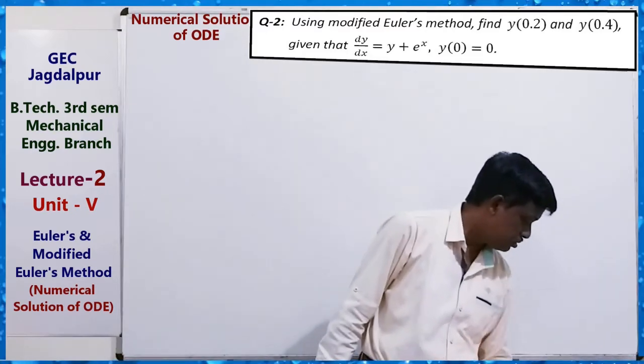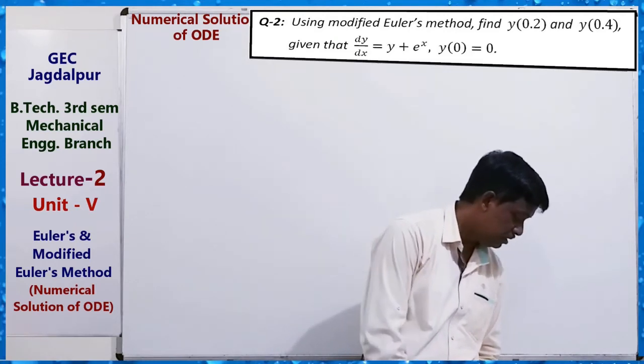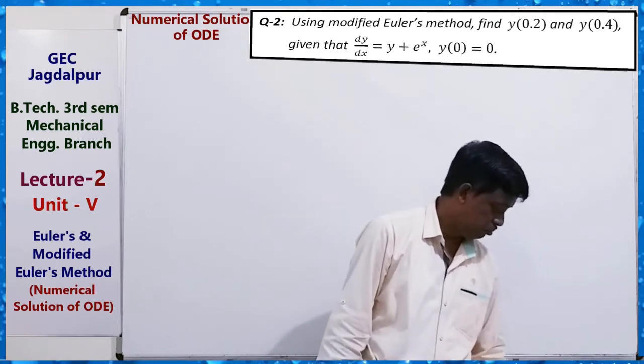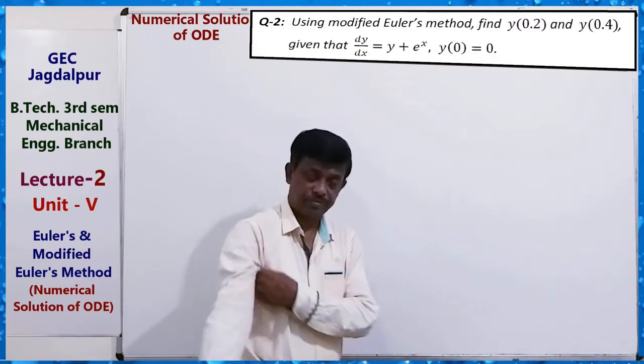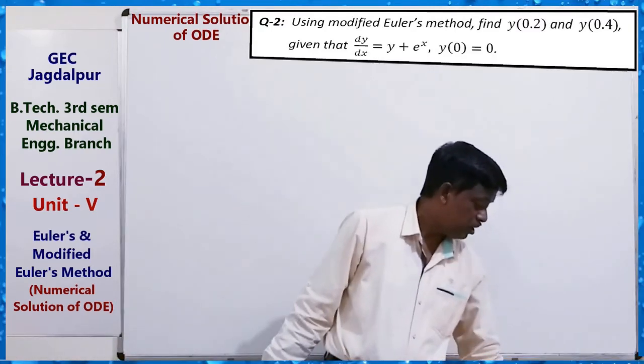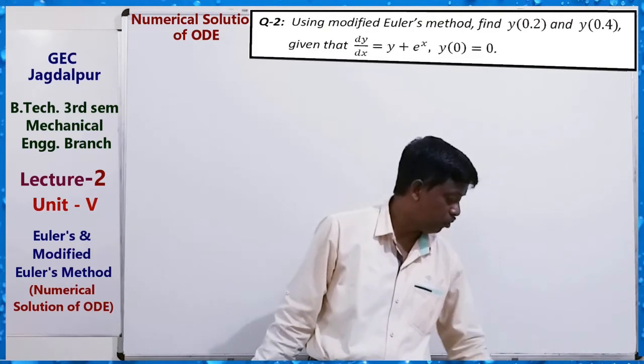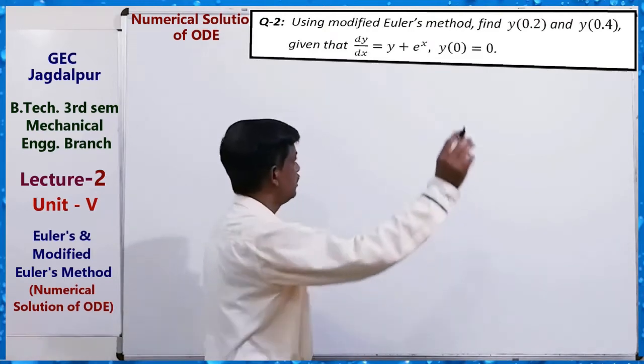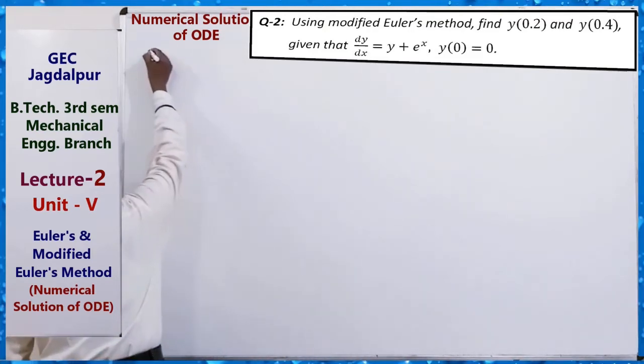So here, use the modified Euler's method. Find y(0.2) and y(0.4), given the question. Solution.